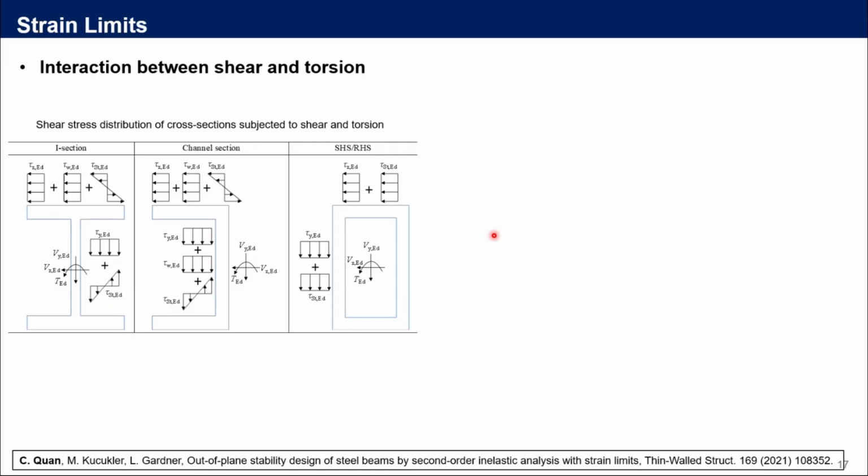Okay, so first let's look at the combined shear effects due to shear force and torsion. These are the shear stress distributions in different cross sections under vertical or lateral shear forces and torsion.